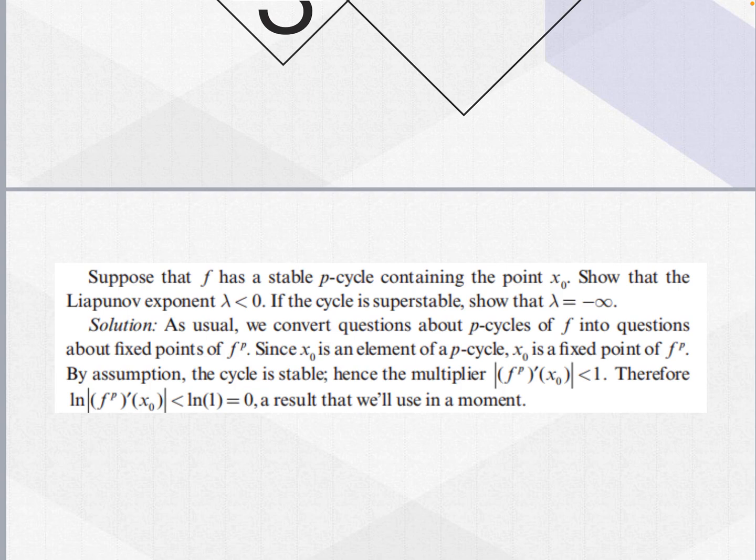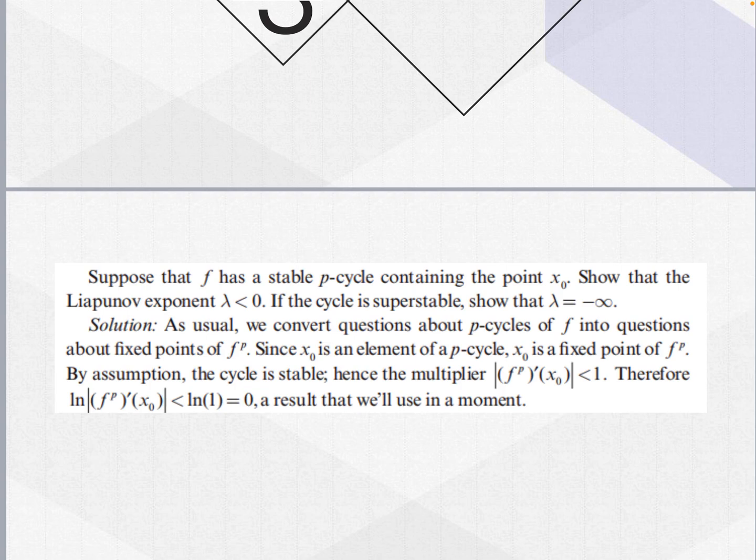As usual, we convert questions about the p-cycle of f into questions about the fixed points of f^p. Since x0 is an element of a p-cycle, x0 is a fixed point of f^p. By assumption, the cycle is stable.